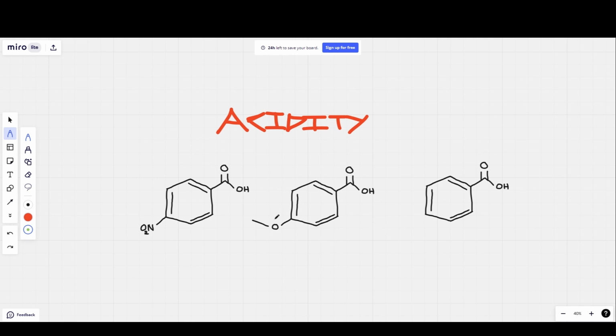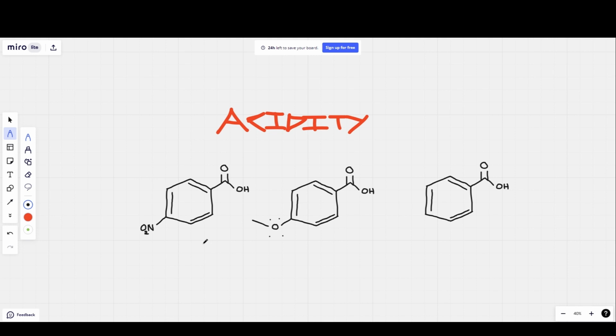So this has two, that would be plus. Okay, so I think this is gonna have to deal with electron withdrawing and activating groups. Okay, so in that case, let me think.